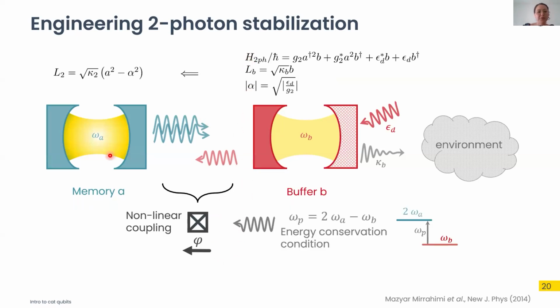In order to do so, we need some nonlinear coupling, and because we're doing superconducting circuits, we have this nonlinear element that is called the Josephson junction, if you're familiar with superconducting circuits, that can make this two-photon interaction happen. So by engineering these types of circuitry, putting elements together, putting the right drives and tones, we can stabilize cat states, and this is what is done experimentally.